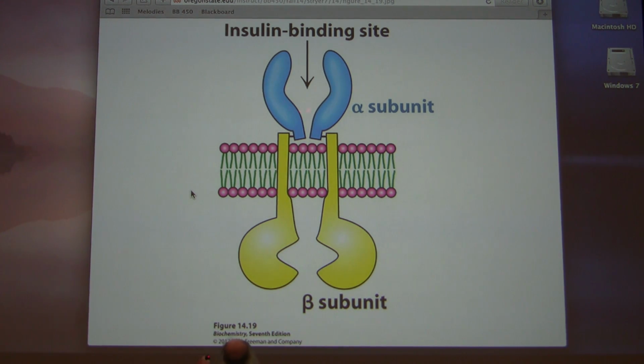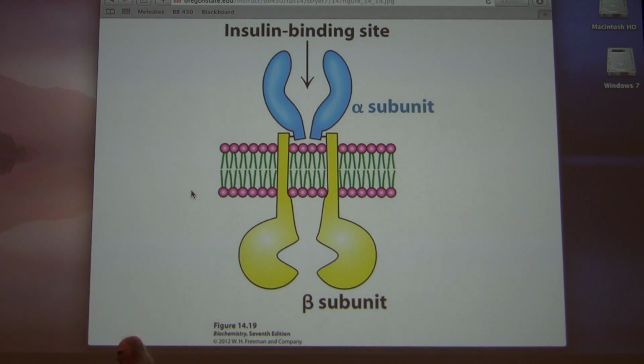If we look at this, we see an outside the cell on the top. We see an inside the cell on the bottom. Insulin is an example of a receptor that's what we call a tyrosine kinase mediated receptor.